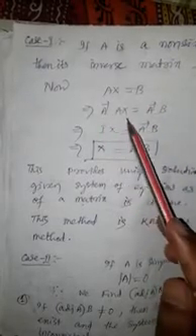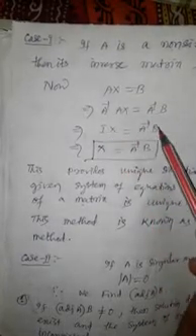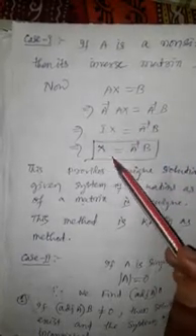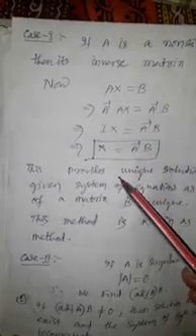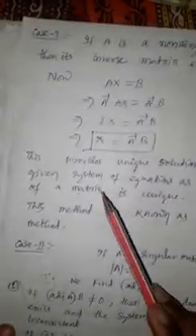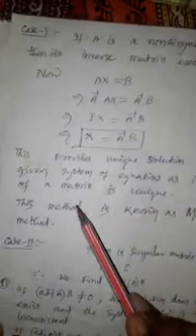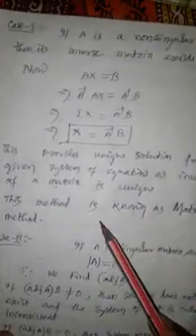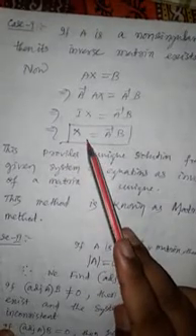That is A inverse AX is equal to A inverse B. Identity times X, that is A inverse B. So X is equal to A inverse B. This provides a unique solution for the system of equations. This method is known as the matrix method. This method is called the matrix method.